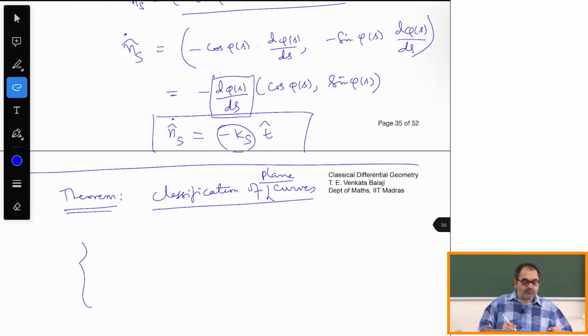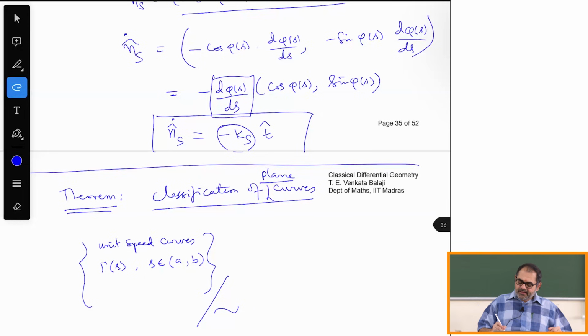On one side, what you do is take unit speed curves gamma(s), say s belonging to an open interval (a, b), modulo an equivalence, and here I will say that there is a natural bijection.